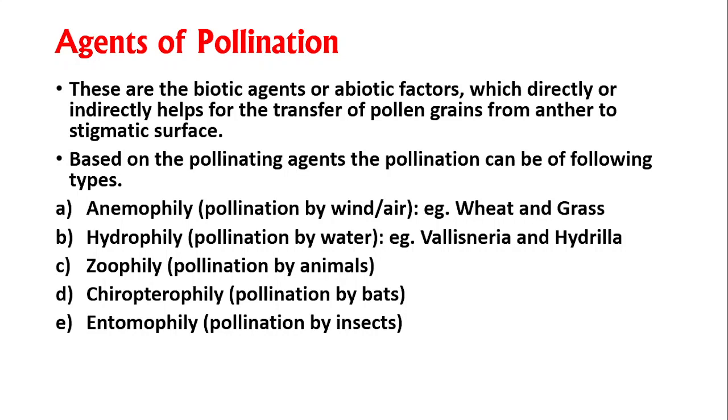The transfer of pollen grains from the anther to the stigma of the flower will take place with the help of bats, so that the bats act as pollinating agents, and this type of pollination with the help of bats is called chiropterophily, right?